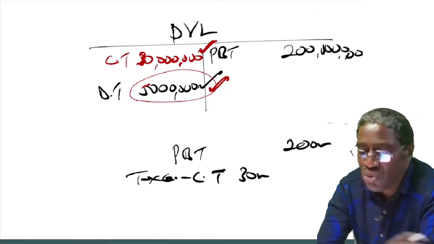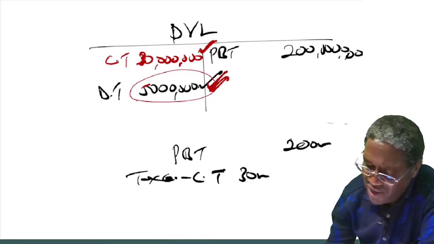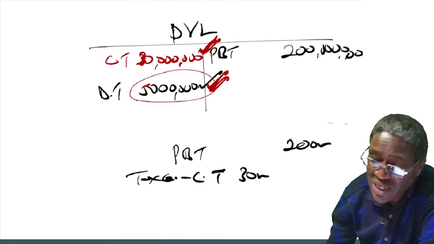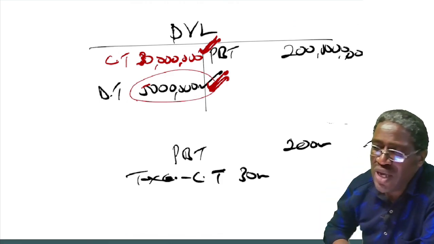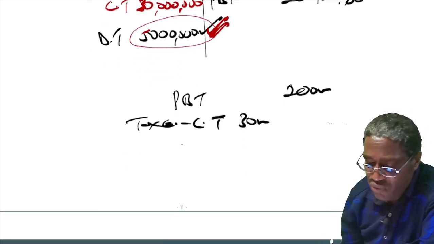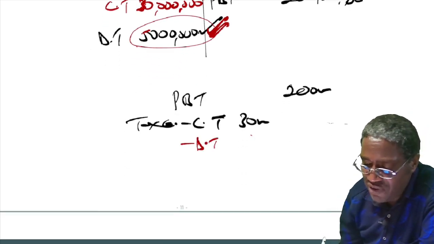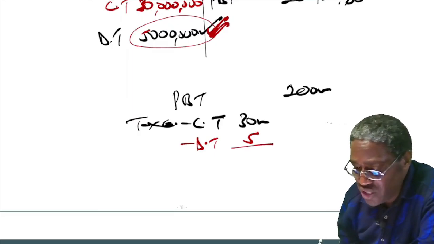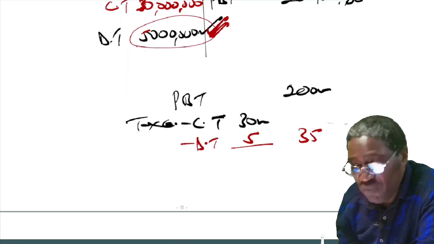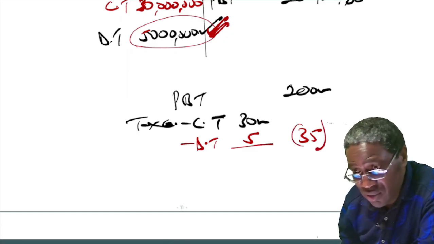Good. So when you debit an account by 5 million and that account has already another debit, you are increasing the debit. So in your income statement, for deferred tax, that 5 million, you will add it to the 30. So you'll get a tax expense of 35. Okay?